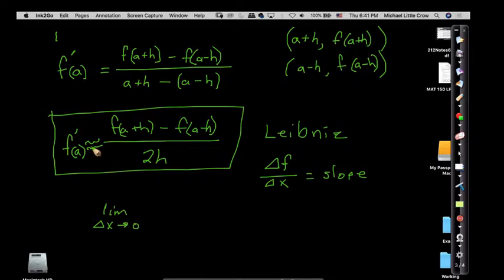Notice they got the change to go to 0 by letting h go to 0. So he's got this formula here, the change of f over the change in x, let the change of x go to 0. And so instead of having all this notation, he writes df over dx whenever we talk about the derivative. You'll see this later in the book. This little symbol has all this stuff in it. It has the slope in it. It has taking the limit of the slope with the change in x going to 0, and that's how Leibniz wrote it. Okay.